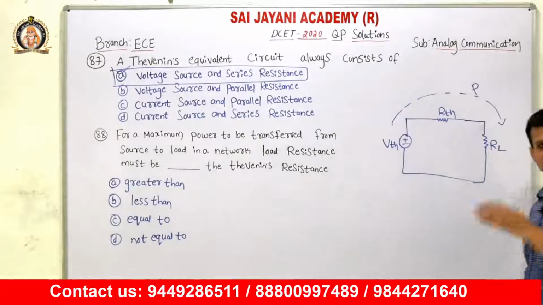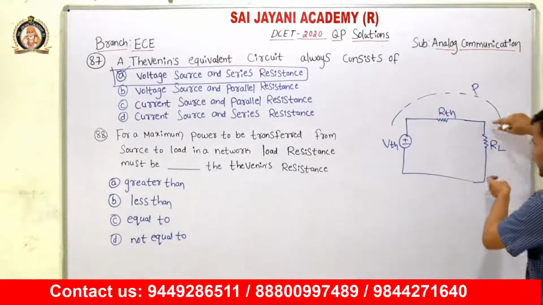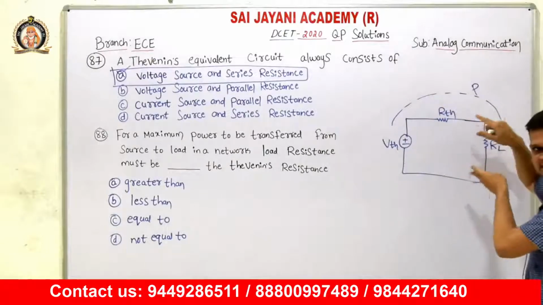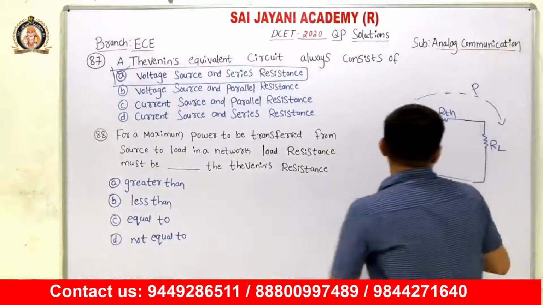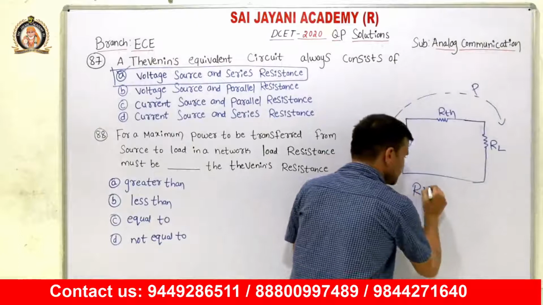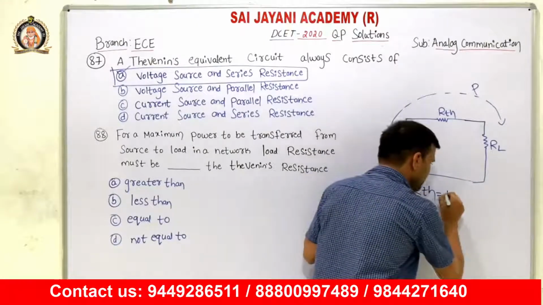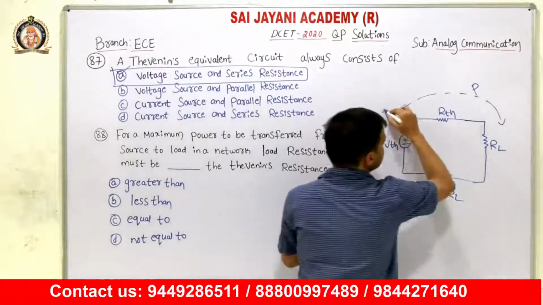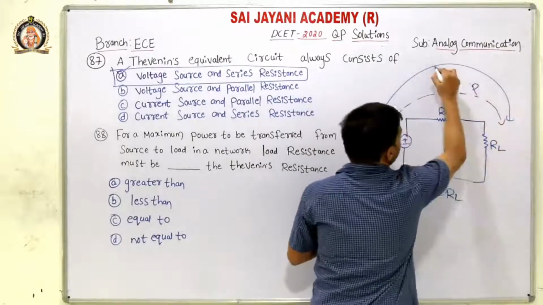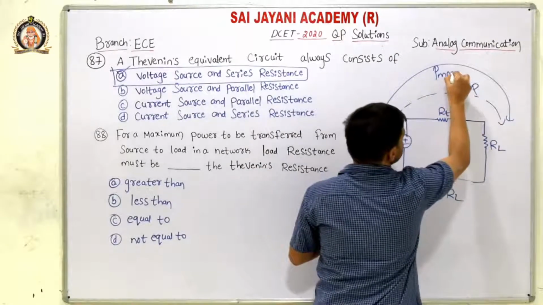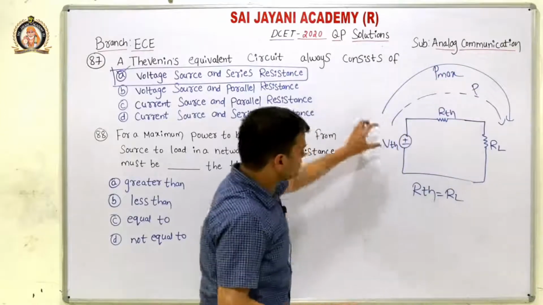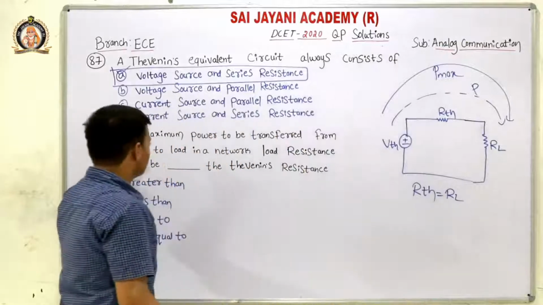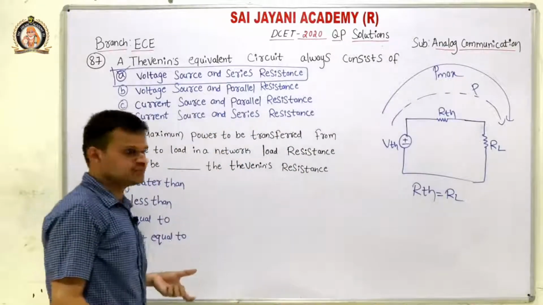If the RTH value becomes equal to the load resistance value, then a maximum power, that is P max, will be delivered from source to load. This is the statement of maximum power transfer theorem.